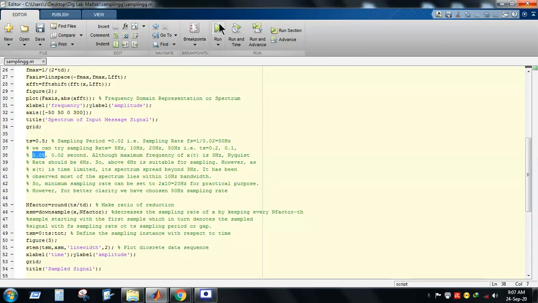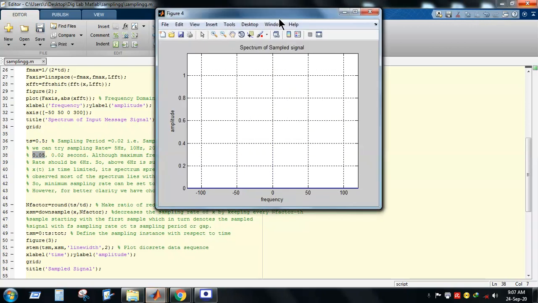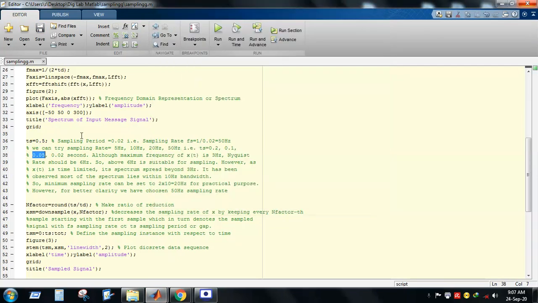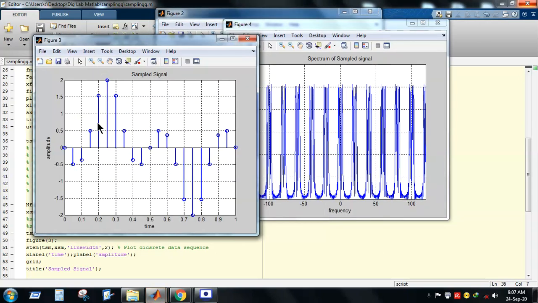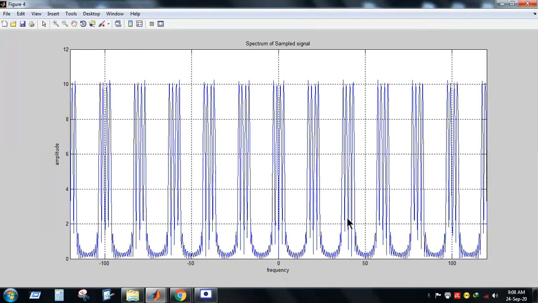Okay, now let's see. It will be set to 0.05. Yeah, you can see that the sampled output follows the corresponding input signal. Here the spectrum will be shifted to 20, 40, 60, 80, minus 20, minus 40, minus 60, minus 80, like this.